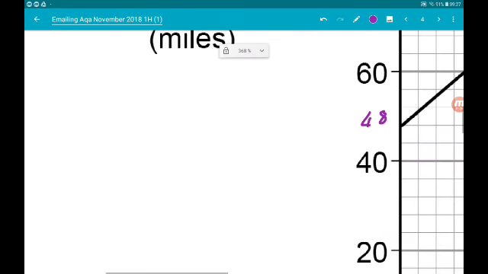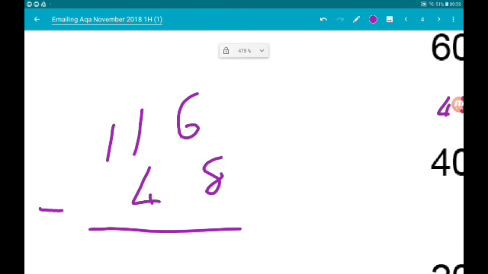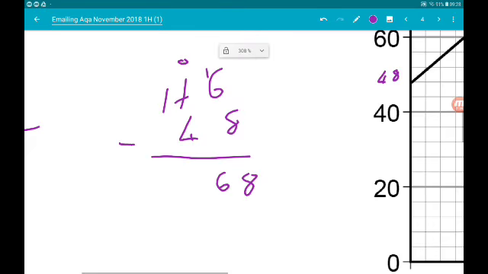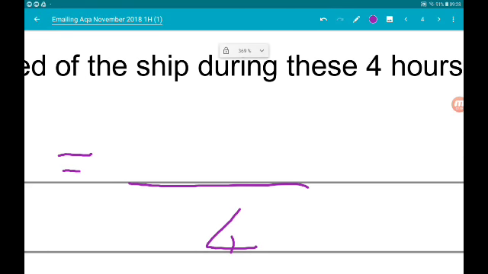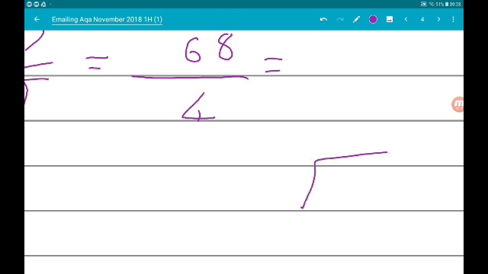So the distance is 116 minus 48. Now we can't do 6 take 8, borrow 1 from the 1, 16 take 8 is 8, and then 10 take 4 is 6. So the distance travelled is 68 miles. The speed then is 68 over 4. We can use the bus stop for that. It's good practice.